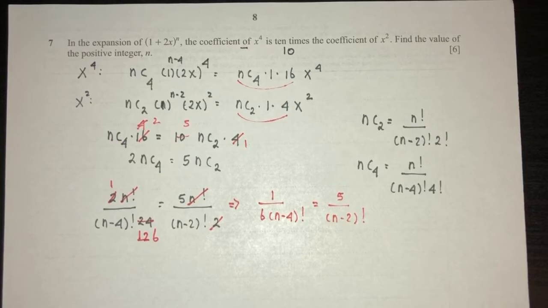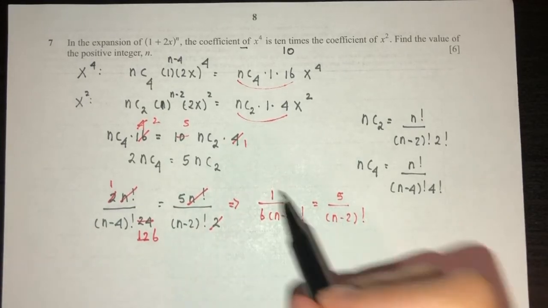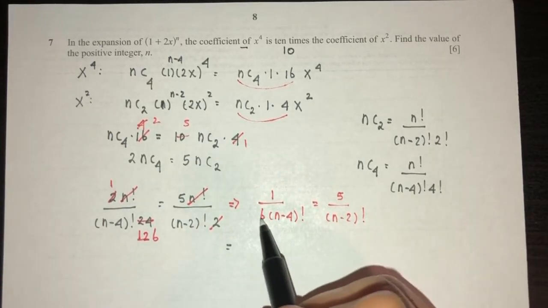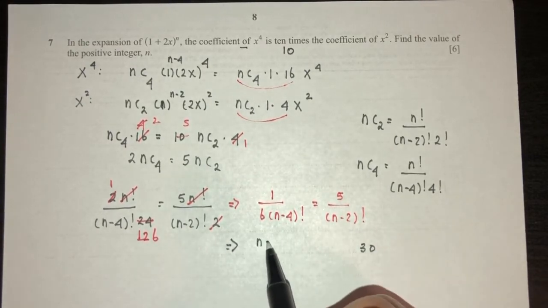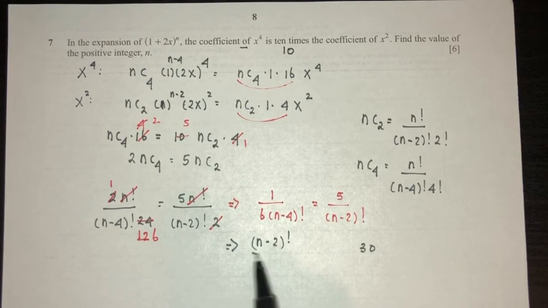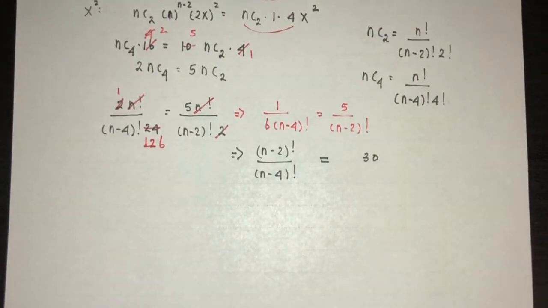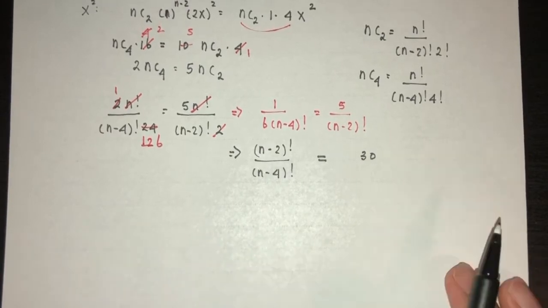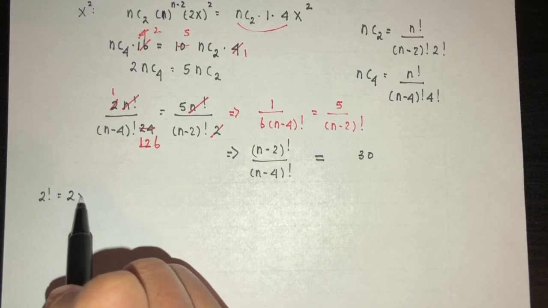So right now, how can we simplify this? We have to send all the n's to one side, right? So send this here, you will have 6 times 5, which is 30, on one side. This will become n minus 2 factorial over n minus 4 factorial equal to 30. Now, we can of course simplify this. If you observe, we have to know what it means. So for example, if I ask you what 2 factorial means, it is 2 times 1.